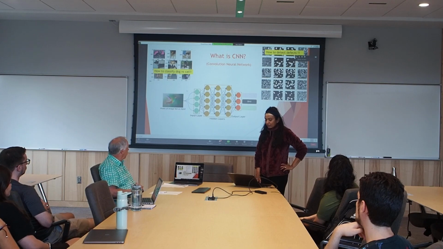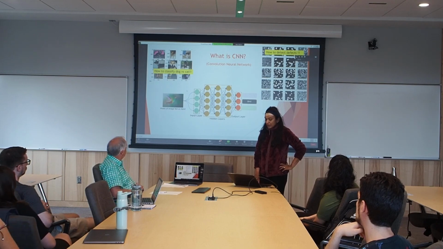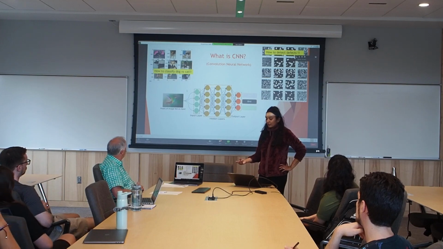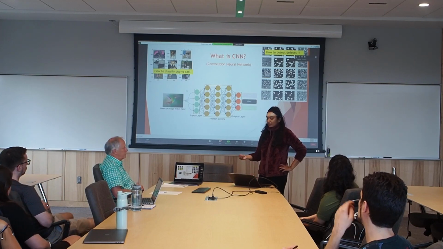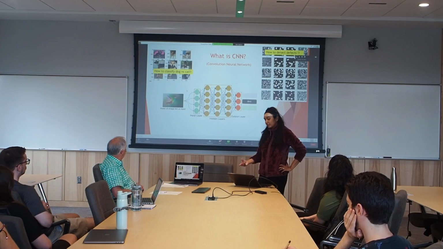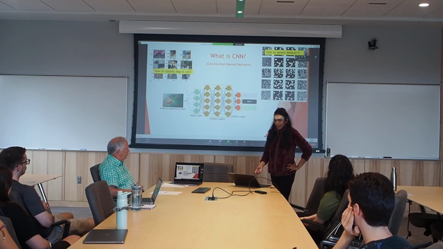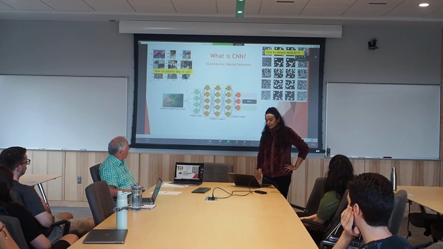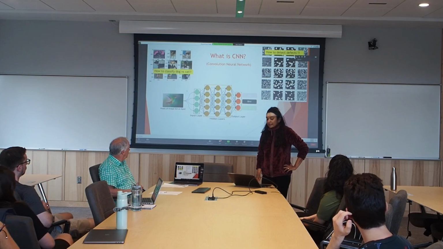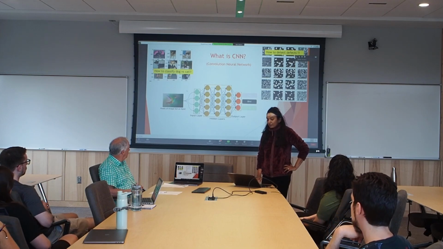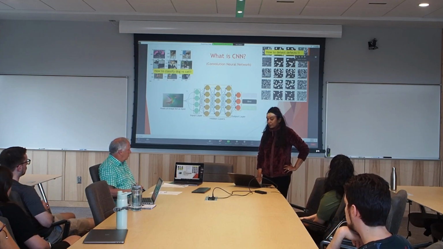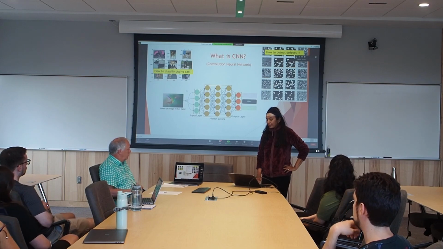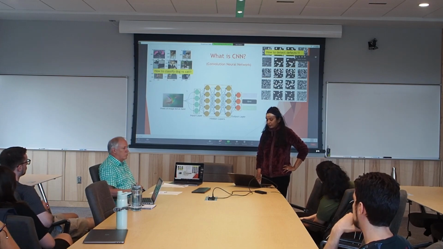Now let us see what a CNN is. A CNN is a convolutional neural network. That means it is made up of neurons, and there is a mathematical algorithm in it known as convolution. On paper, or in a cartoon, you draw the CNN like this. It consists of different layers: an input layer, a hidden layer, and an output layer.